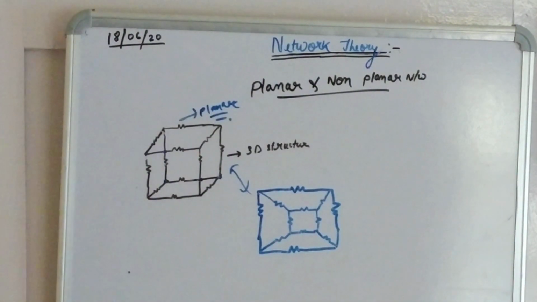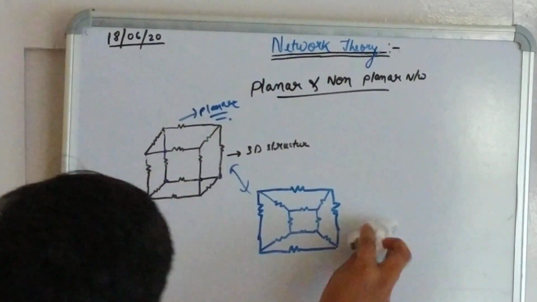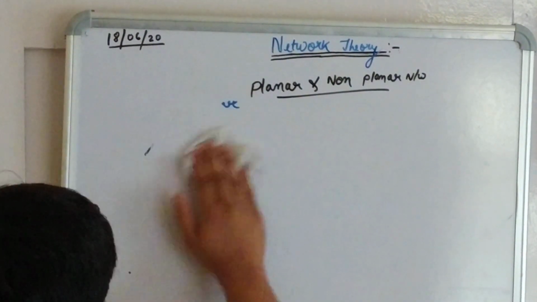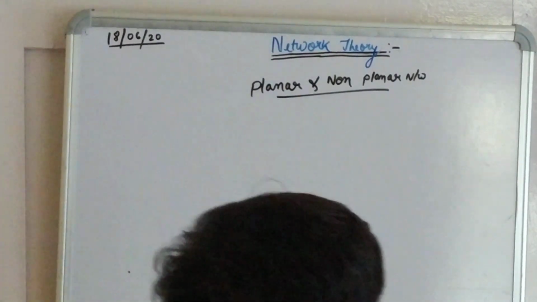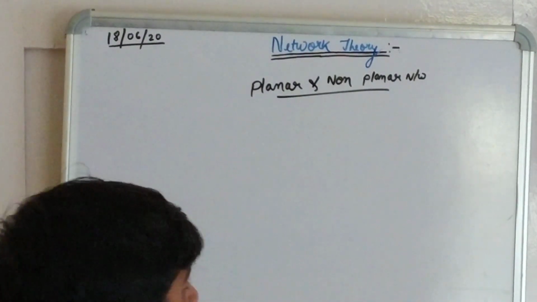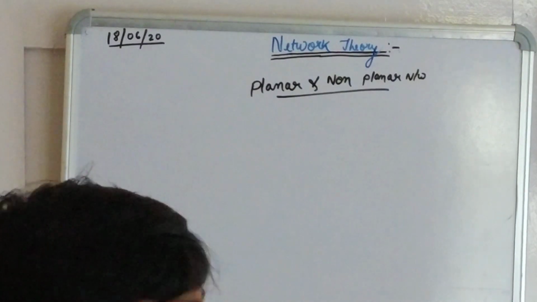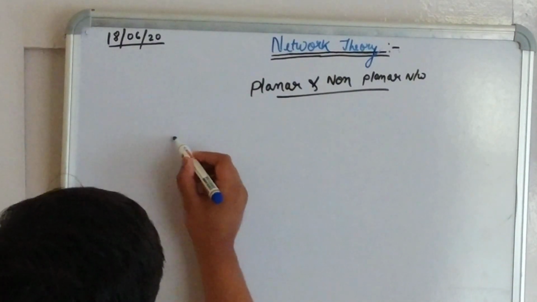Now what is a non-planar network? A non-planar network is a network which cannot be drawn in a 2D plane without any overlappings. Suppose this network.